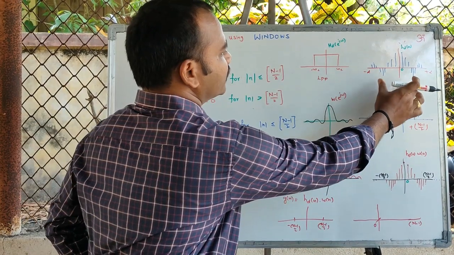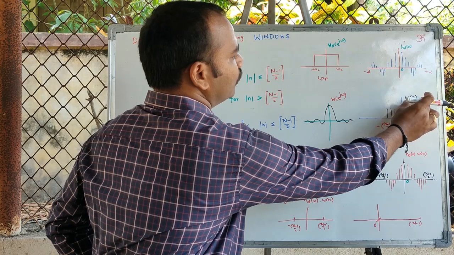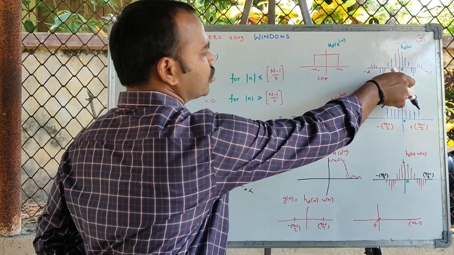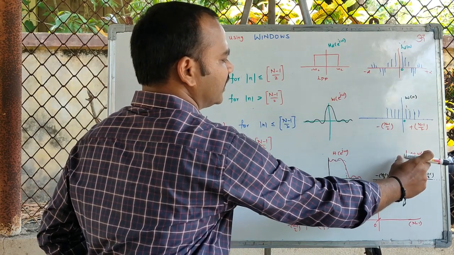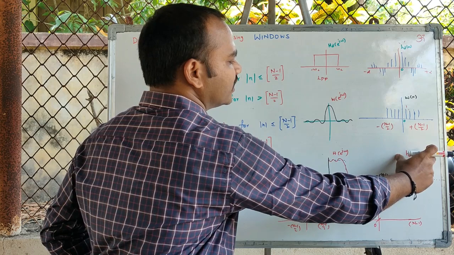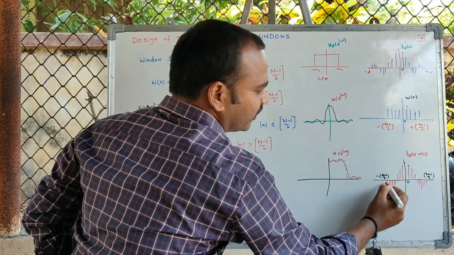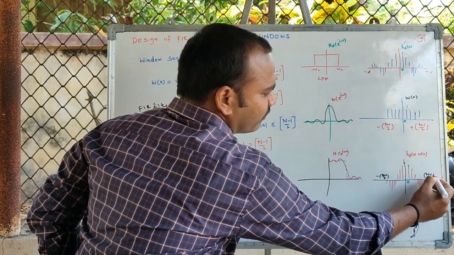Next, hd[n] is of infinite duration, whereas this w[n] sequence is of finite duration. If you take the multiplication of these two, hd[n] into w[n], the resultant is a finite duration sequence, extending from minus (N minus 1)/2 to plus (N minus 1)/2.